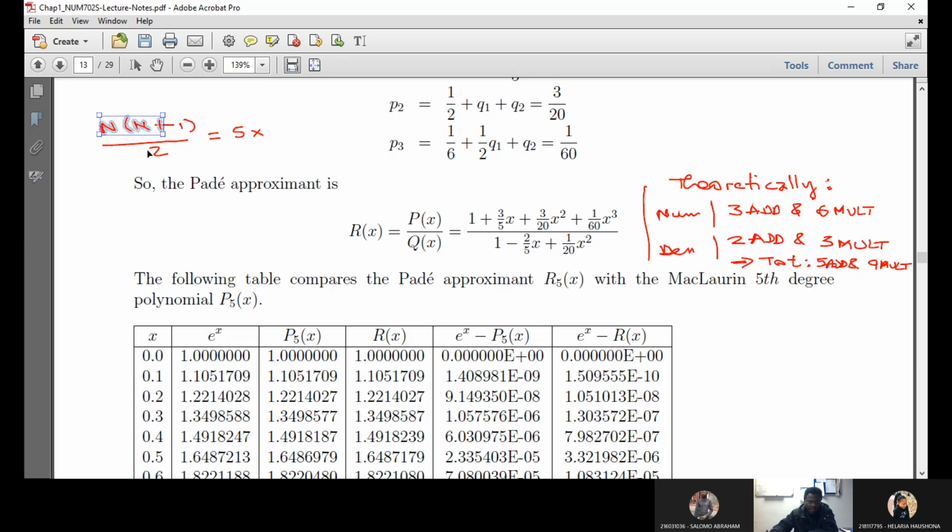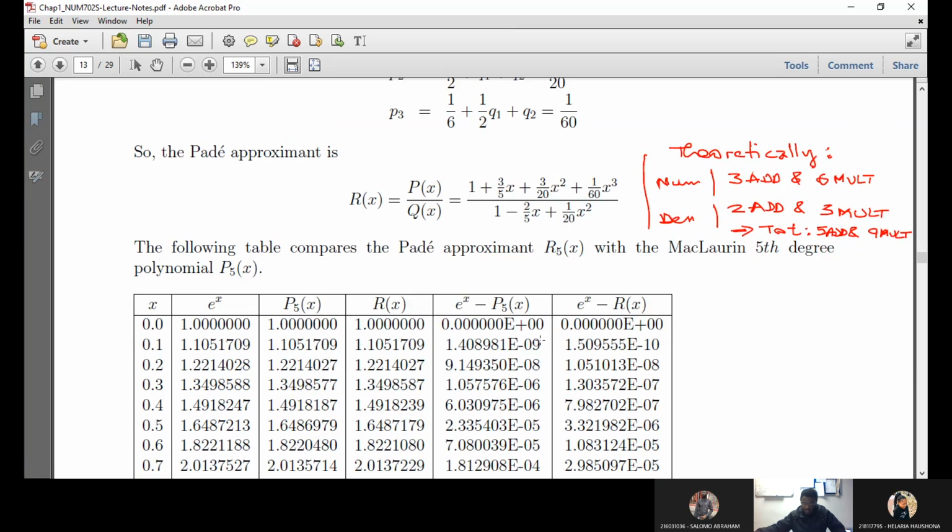So 5 times 3 is 15, which is not the same, right? It's not the same with a polynomial, because this is a fraction, a rational function.